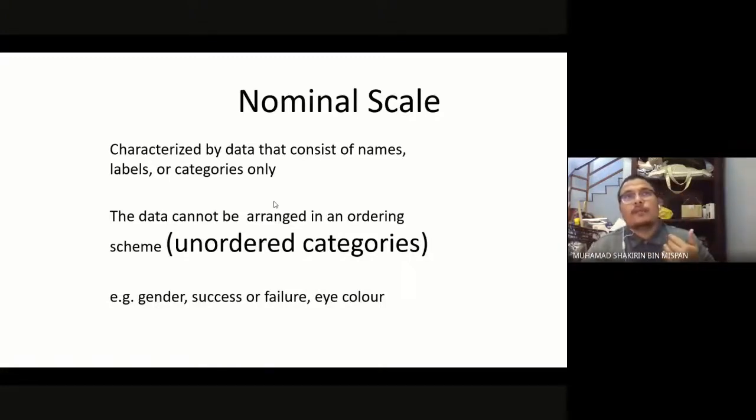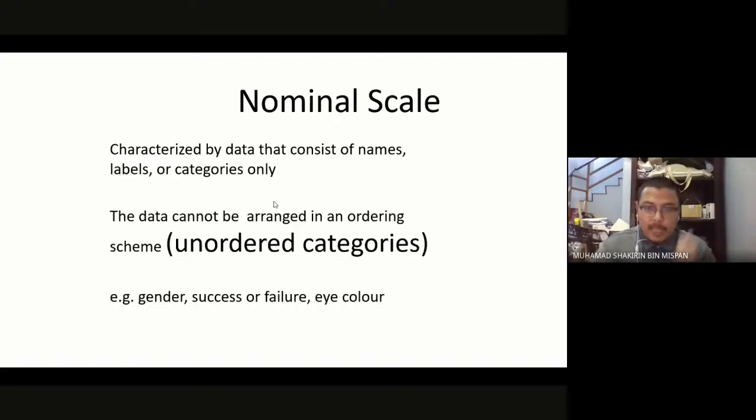So you can have fail or success, or not success. What else can I say? That's the nominal scale: something where you don't have order to that characteristic. Which school you go to, which university you are studying at, what faculty you are in, what department are you in? That's the nominal scale.